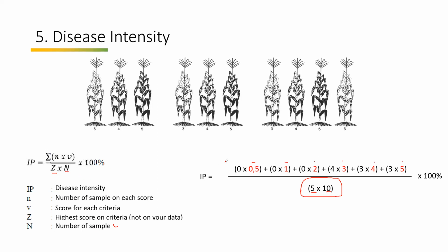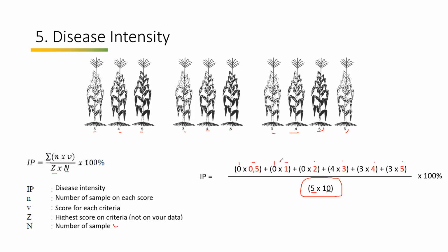We will calculate the number of sample plants that have score 0.5. Here we see that our samples have scores 3, 4, 5, 3, 4, 5, again 3, 4, 5, and also 3. It means there is no plant that has score 0.5. So we put 0 here.